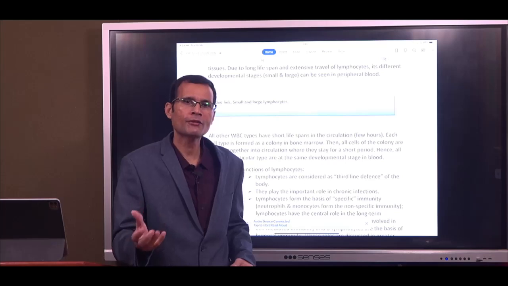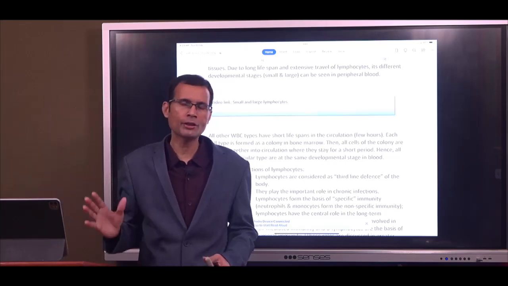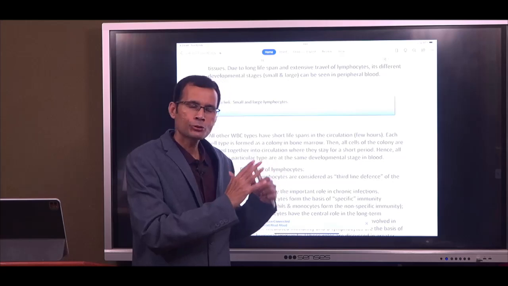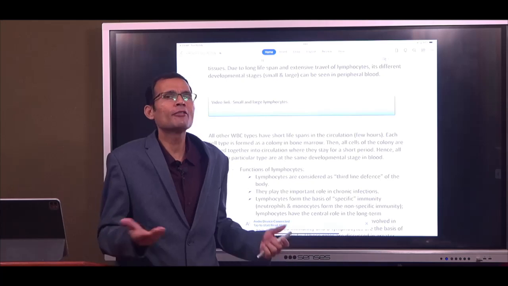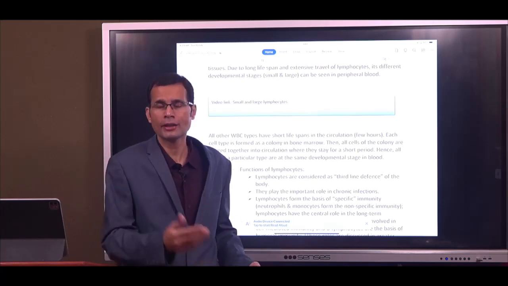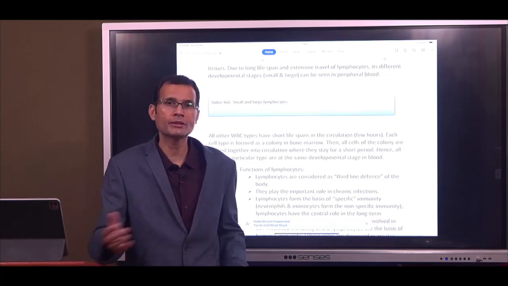So very short lifespan. They are formed at one point, all of them, then short-lived in circulation, and then they go into the tissues. So we would not see developmental stages of neutrophils or any other WBCs.